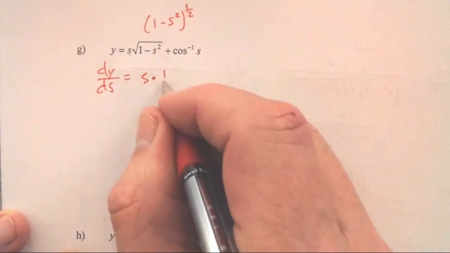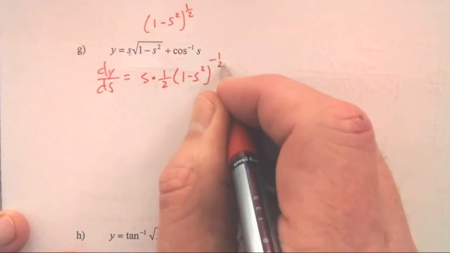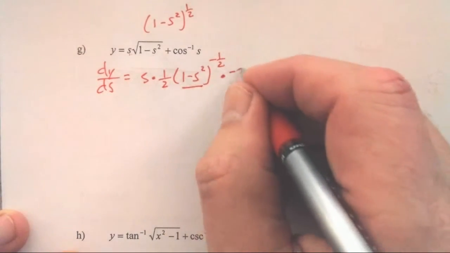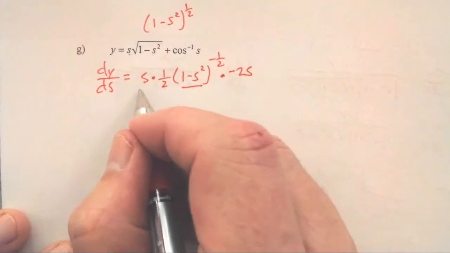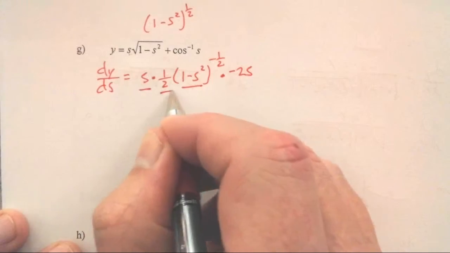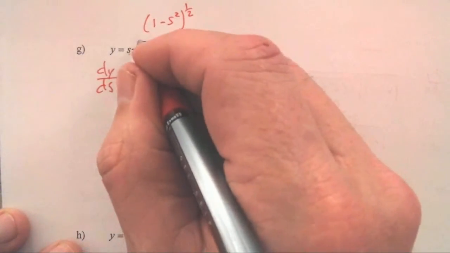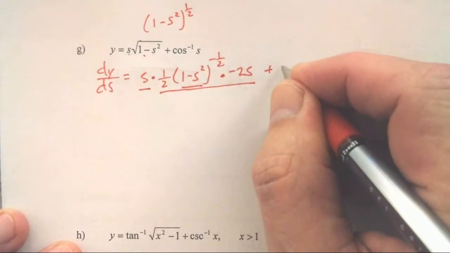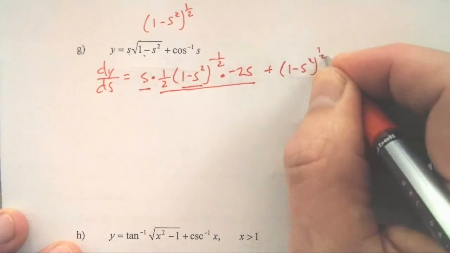So that is 1/2 times 1 minus s squared to the negative 1/2, treat the baby, derivative of this is negative 2s. That is first times derivative of second. I still need to finish the product rule with plus derivative of first. Well, that's nice, 1 times just plain second, 1 minus s squared to the 1/2 for right now.